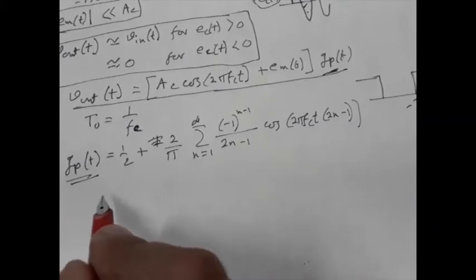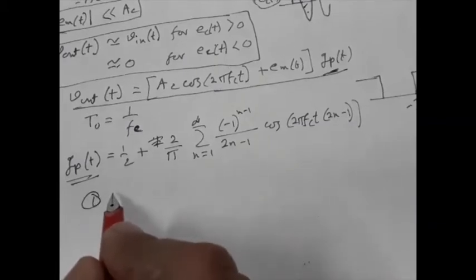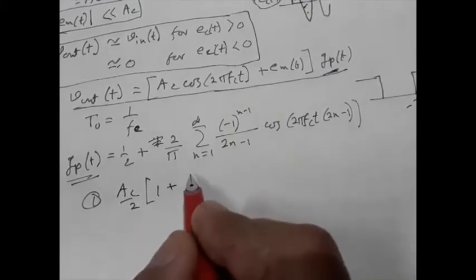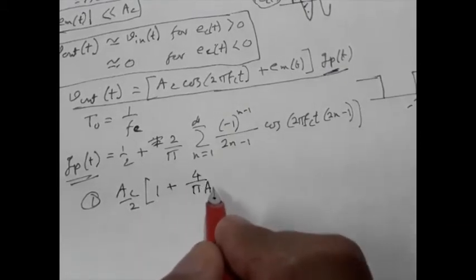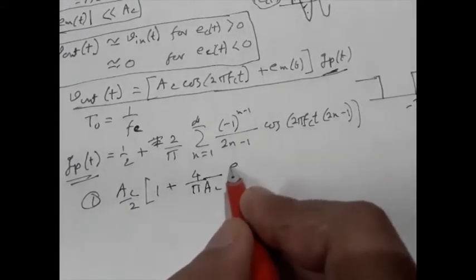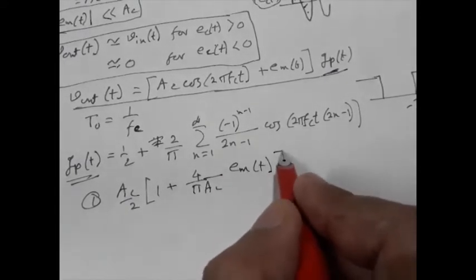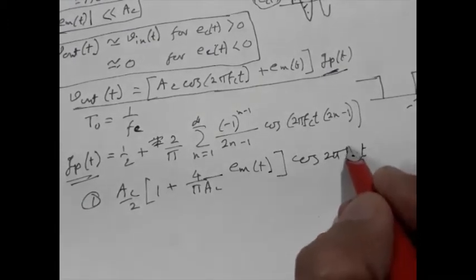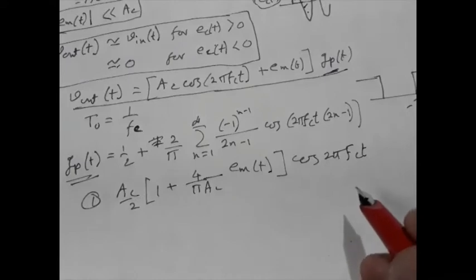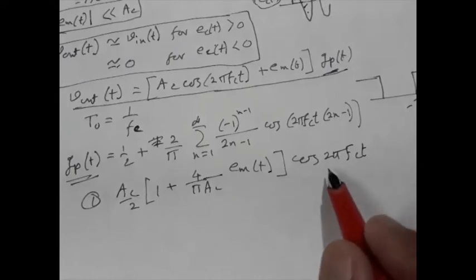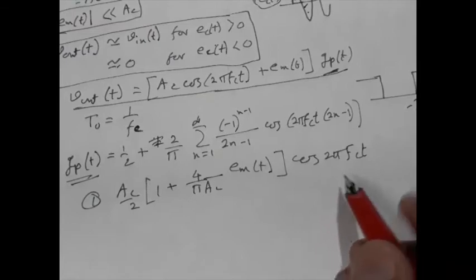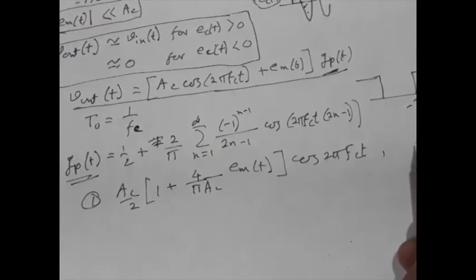The first component is Ac by 2 times 1 plus 4 by pi Ac into Em of t cos 2 pi fc t, which is nothing but the desired AM wave with amplitude sensitivity 4 by pi Ac.